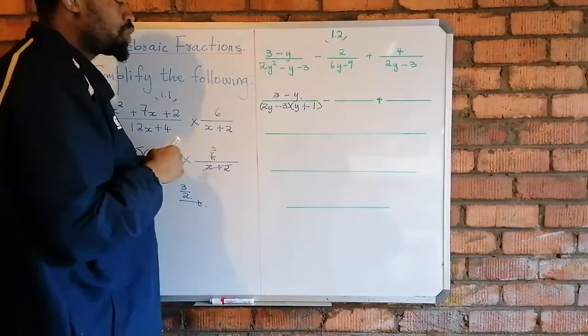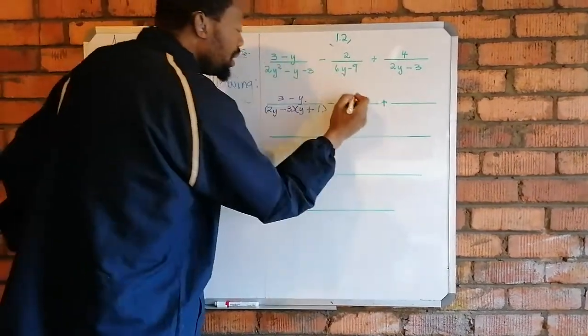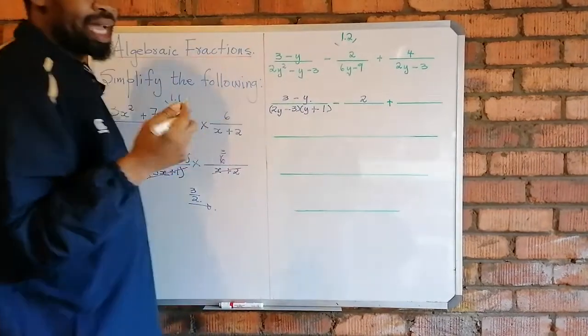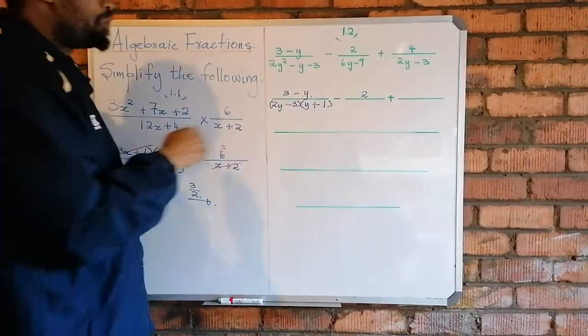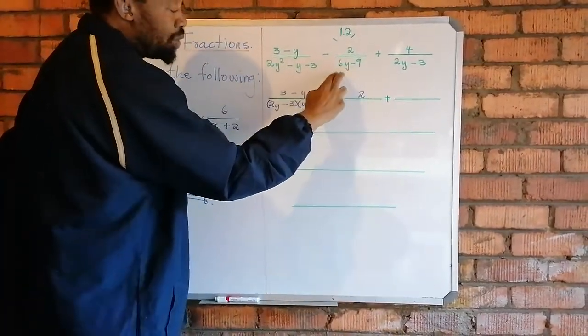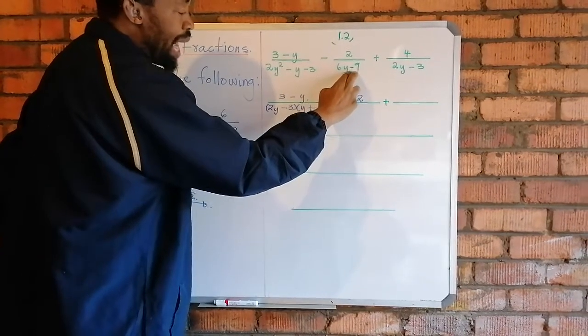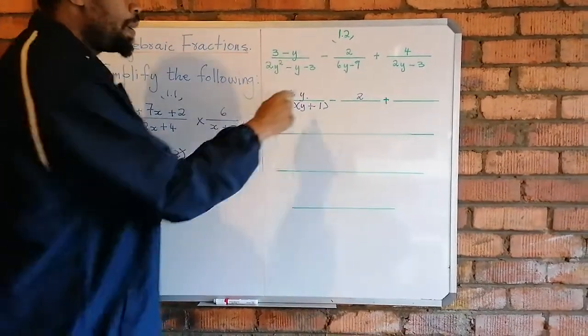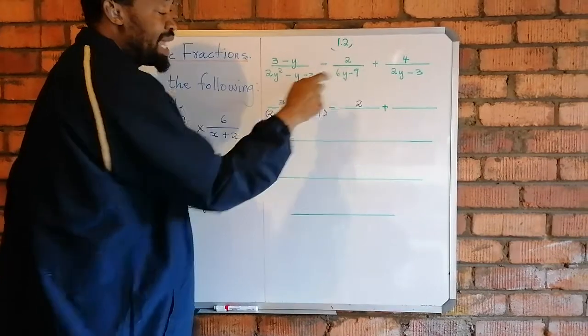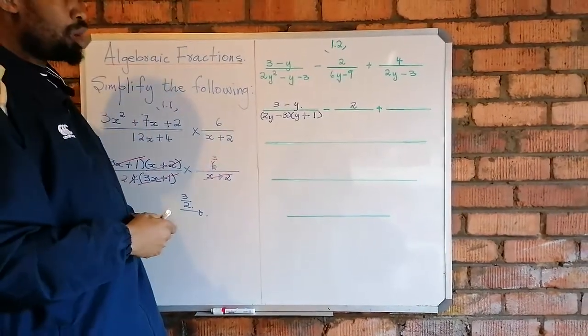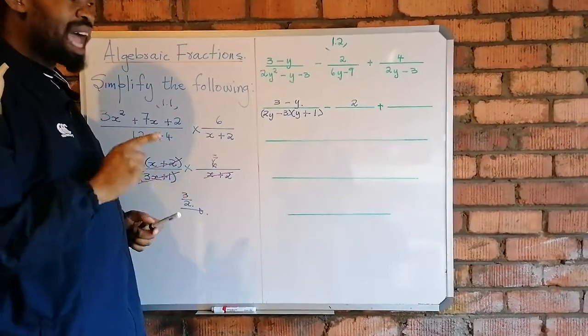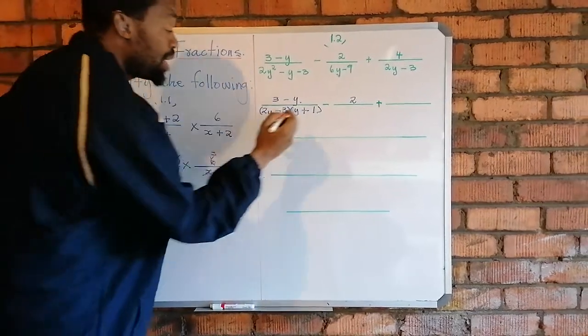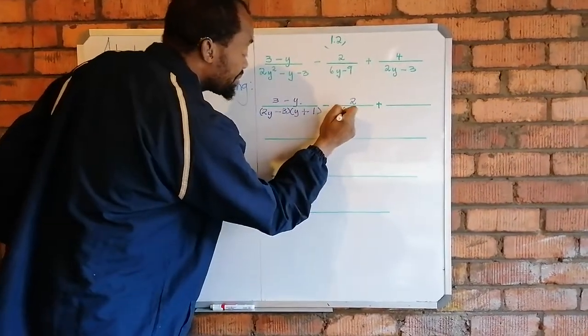Now, let's get into the next one. It is 2 there, I can't do anything. If you look at this one now, you've got 6y minus 9. Between 6 and 9, there is a common factor, and I'm talking about the highest common factor, which is 3.